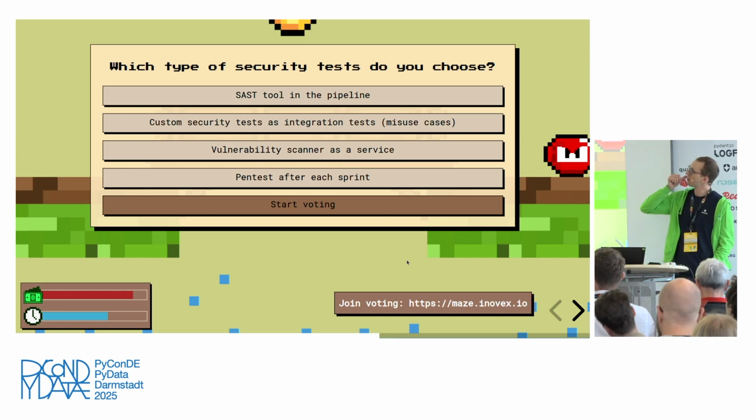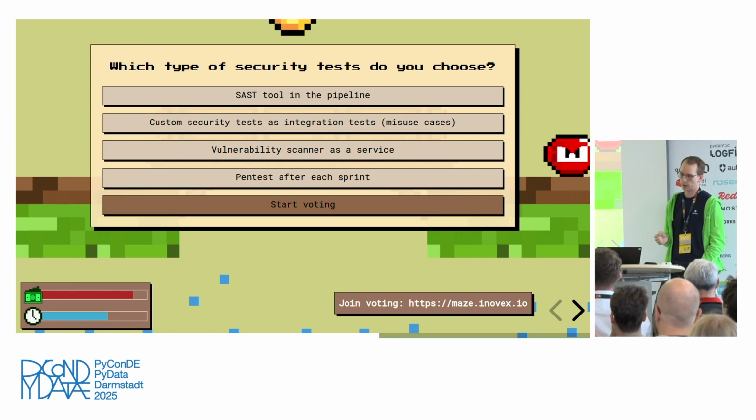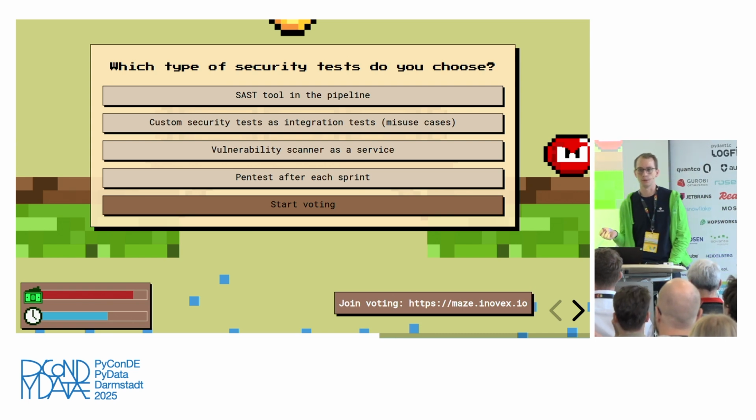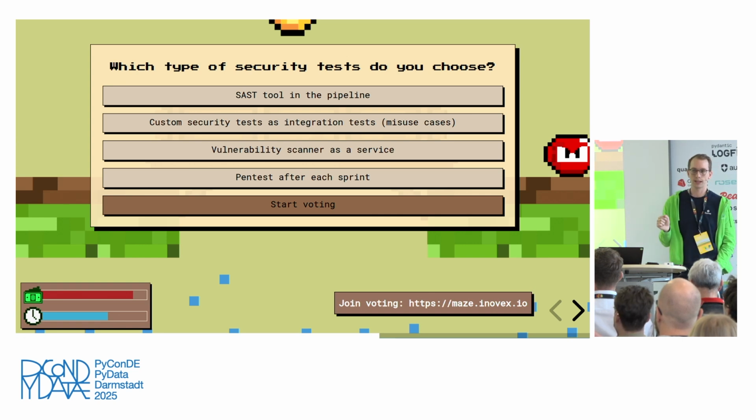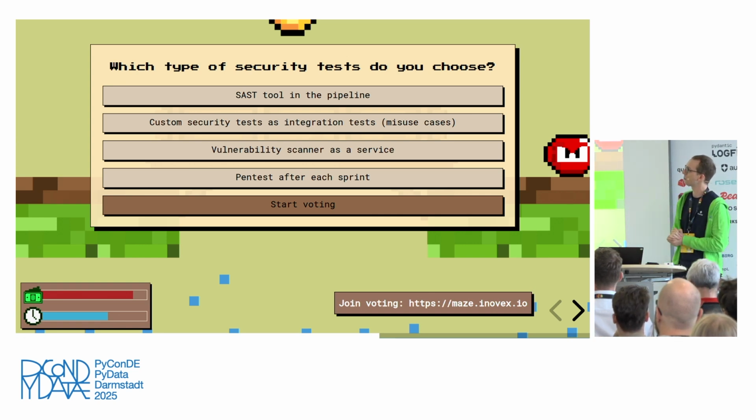Do you want to use some static code analysis, some SAST tool in the pipeline that runs on the code and looks for code lines that look somehow fishy and like a security problem? Do you want to write your own security tests? So you also already have some integration tests, and you also write some security tests for them for the misuse cases.